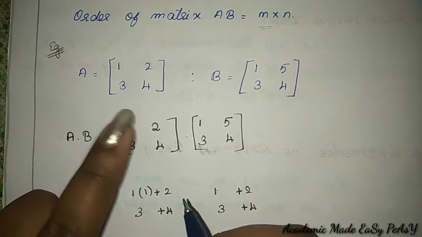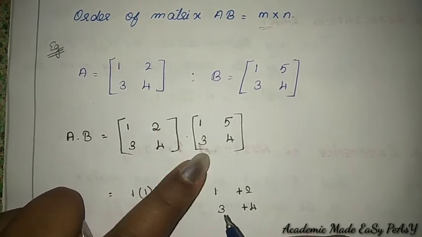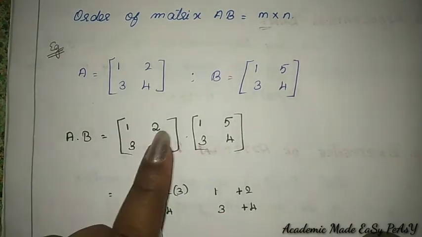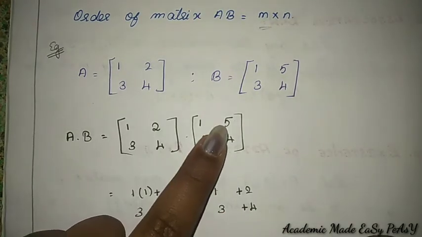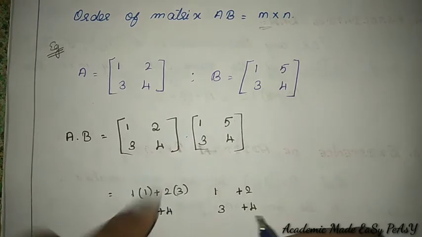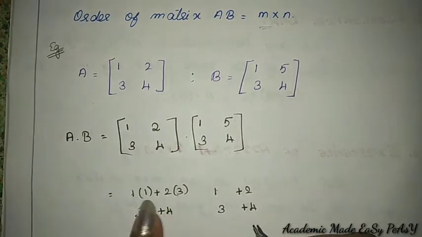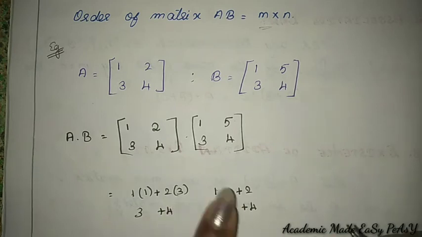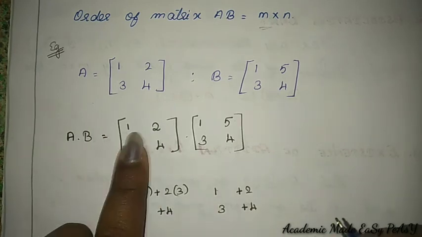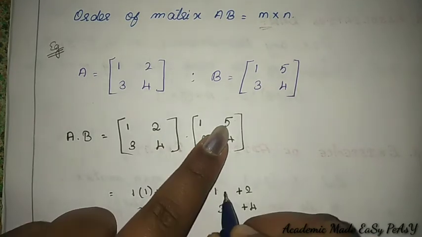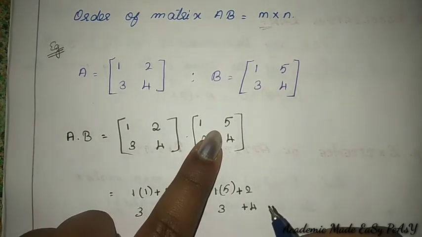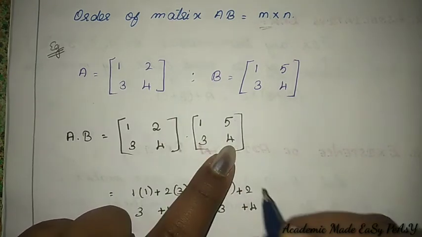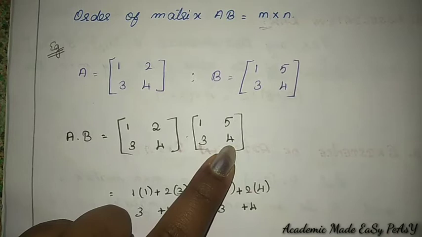So 1 into 1, then second element into the second element, 3. This till here, my A11 is over. This fully is A11. So I will move on to A12. So 1 into 5. Next I will move on to 2 into 4, the second element with the second element, into 4.